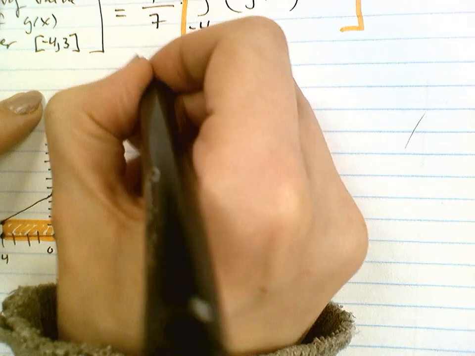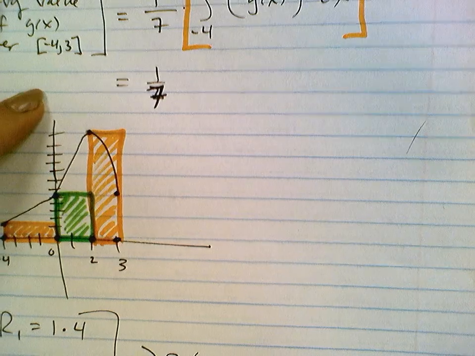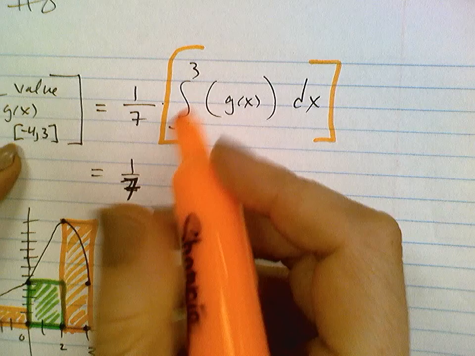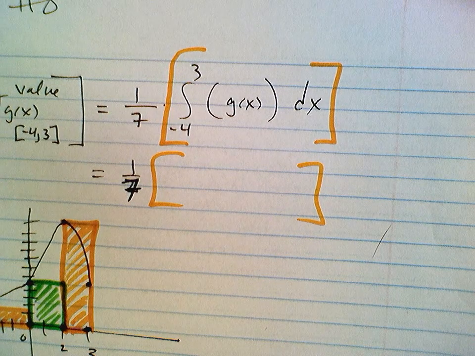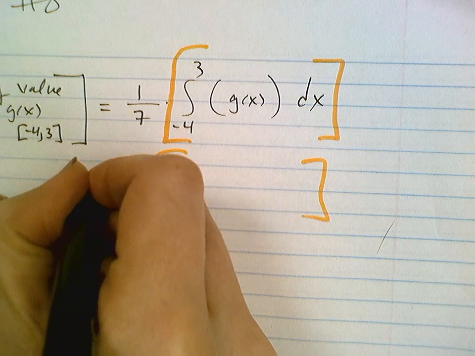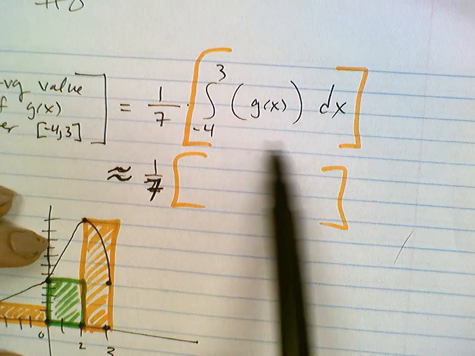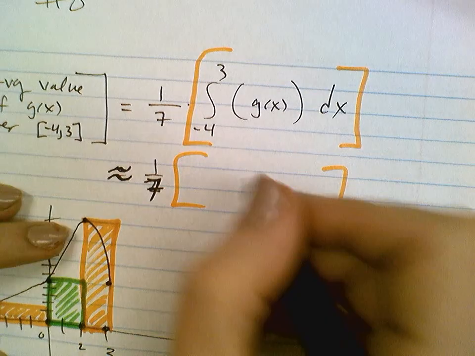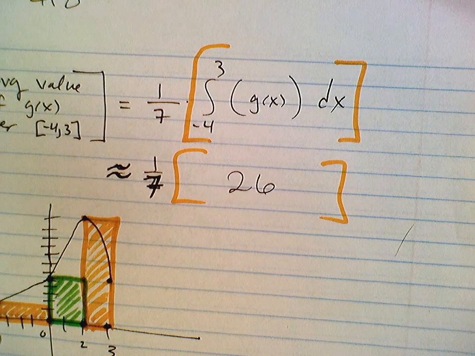So for the average value, I bring down that 1/7. I'm going to use an approximation sign because now I'm approximating. So this integral here is a very rough approximation of 26.